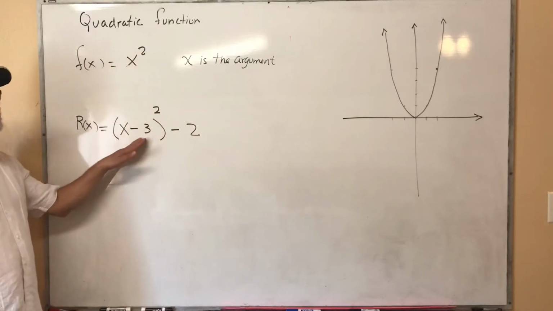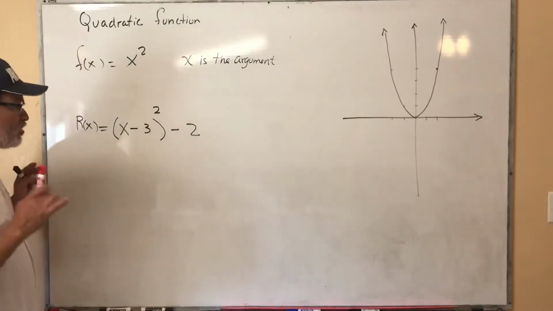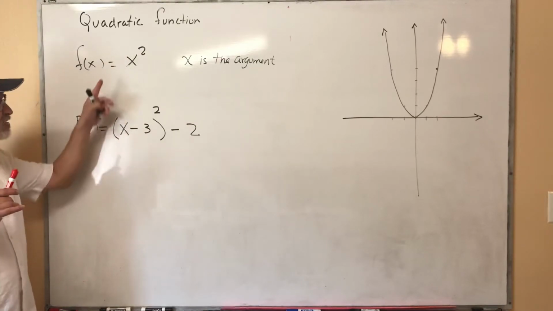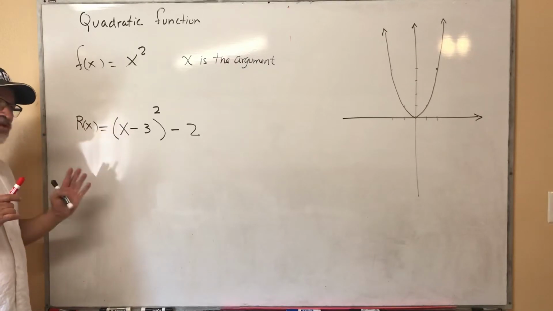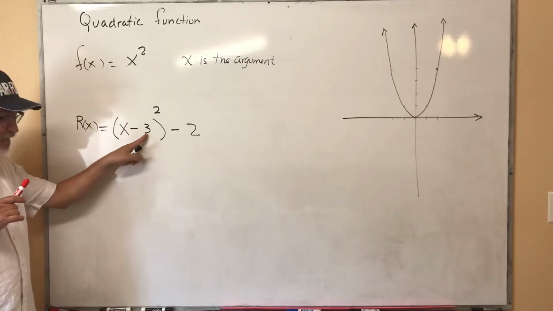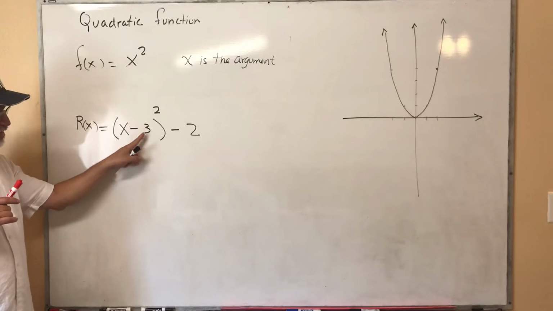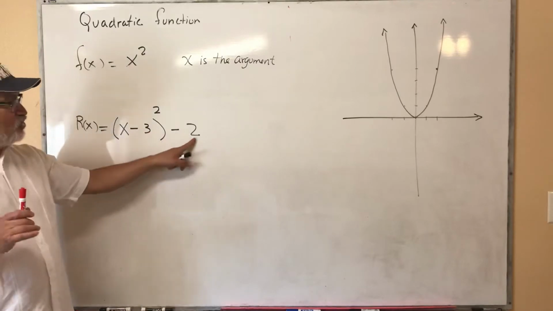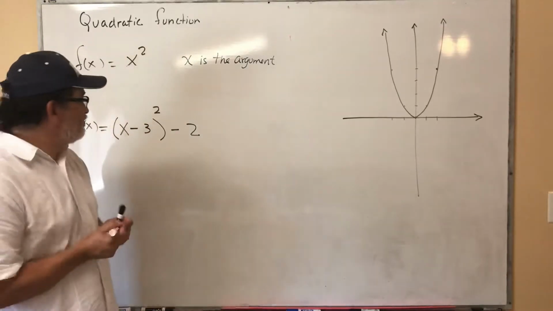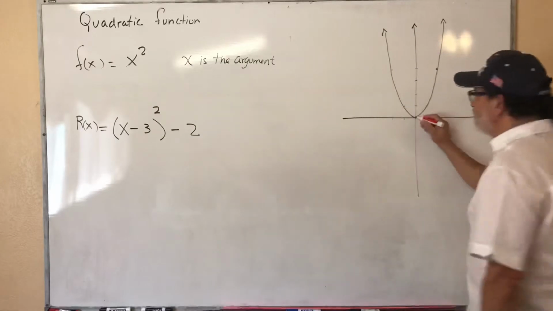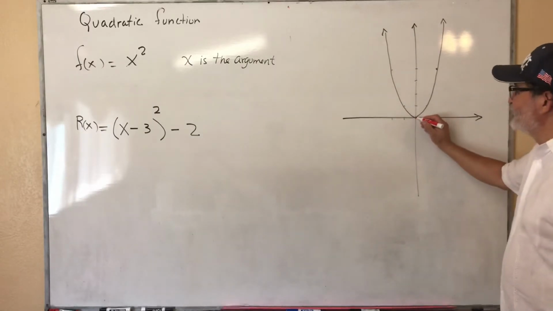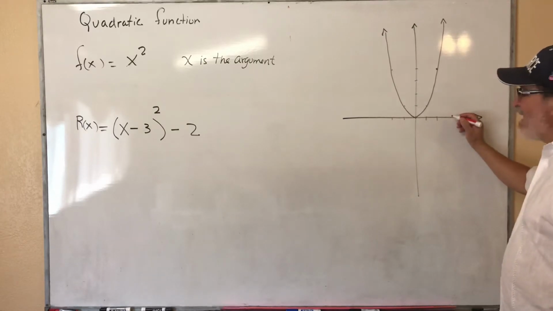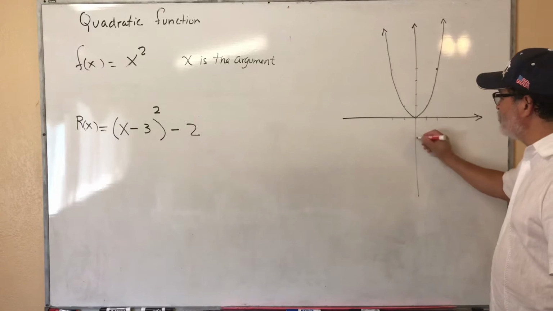So let's graph this one. Watch this. This is the basic parabola, 3 units right, 2 units down. See the vertex? 3 units right, 1, 2, 3, and 2 units down, 1 and 2.